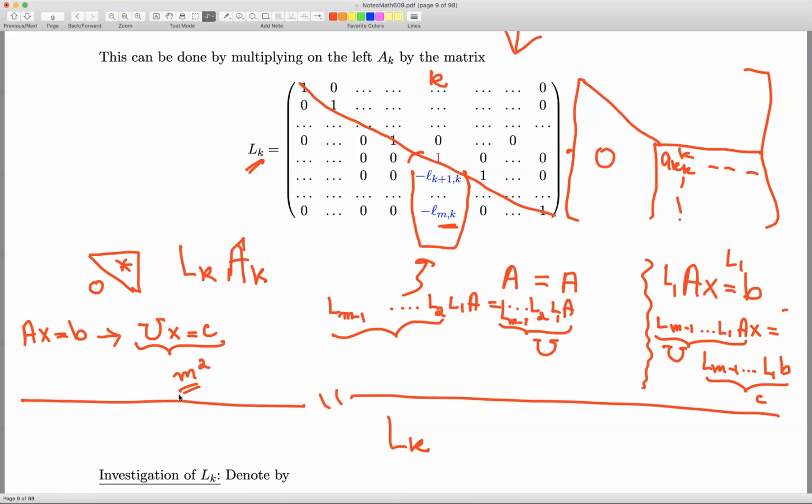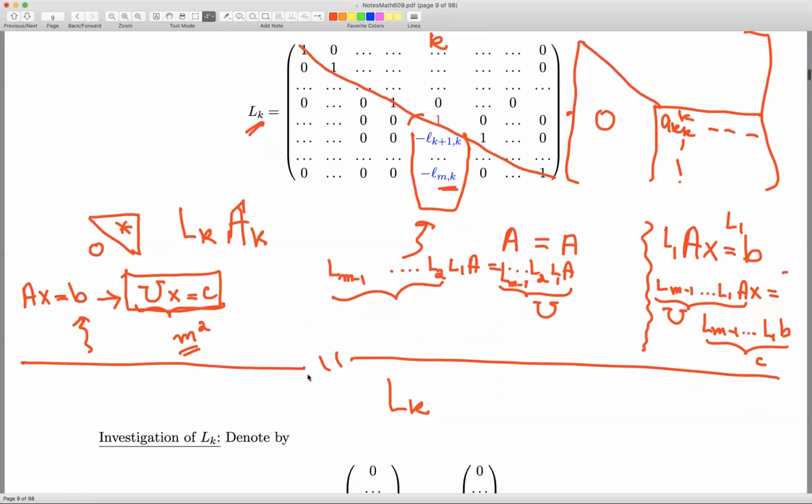Therefore, the cost to solve the whole system, Ax is equal to B using Gauss elimination, is the cost of finding the matrix U plus the cost of solving this linear system. Now, after we discuss the form of the matrix L, we will discuss the cost of finding the matrix U, which is the cost of the Gauss elimination.